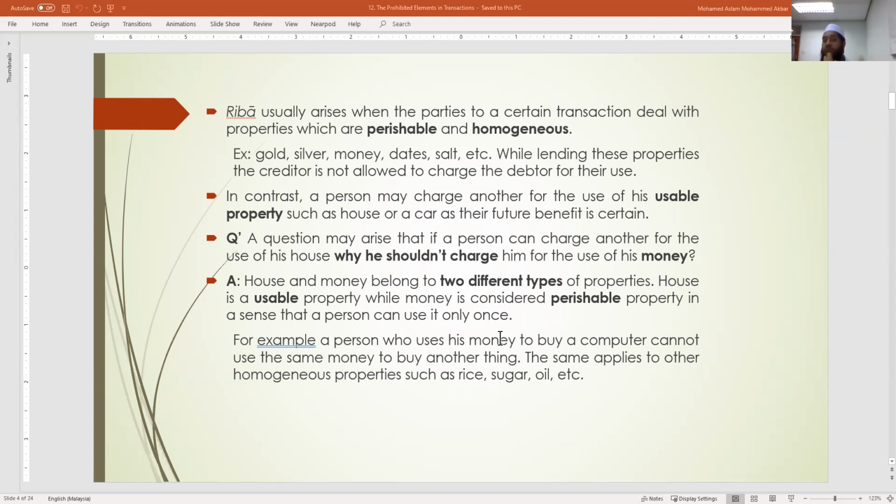If in case you took 1 kilo of sugar from me, you didn't want to consume it, you didn't want to eat it, but you want to sell it to somebody, by which you are actually making a profit.